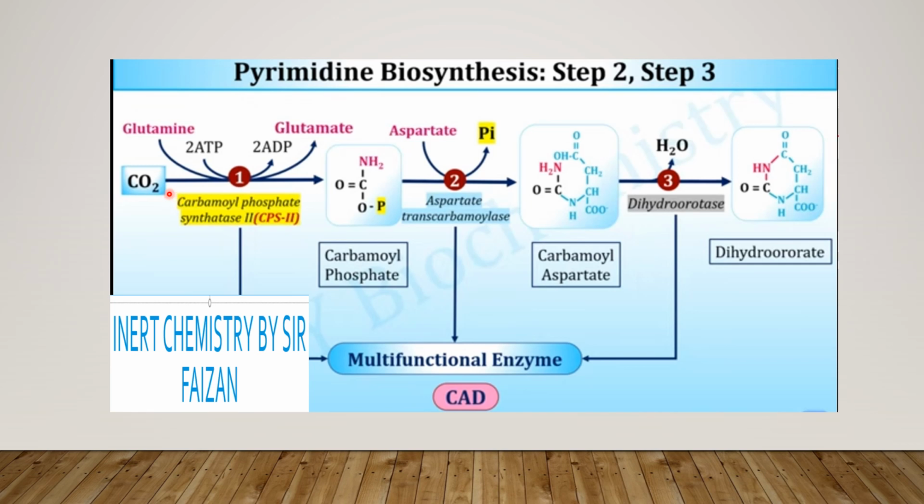In the second step, the carbamoyl phosphate that is formed then fuses with aspartate by the help of the enzyme aspartate transcarbamylase, and carbamoyl aspartate is formed.